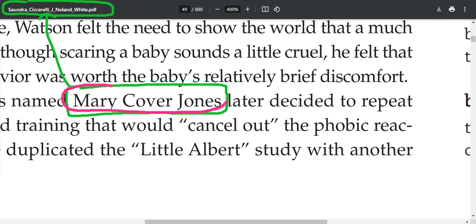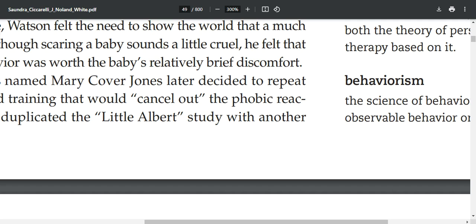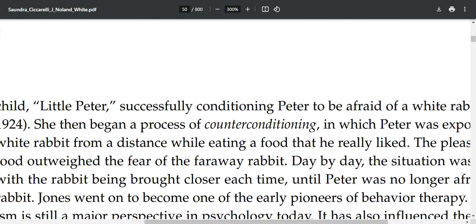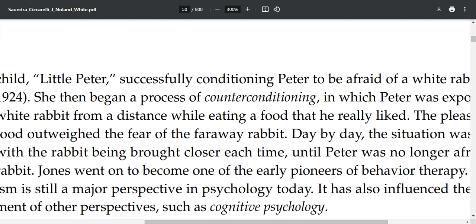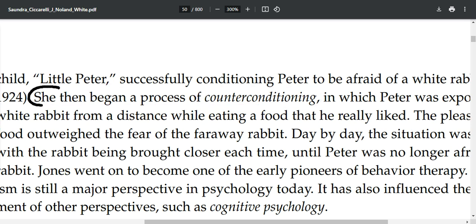You can see what Mary Cover Jones is doing, canceling out the phobic reaction. She then began a process of counter conditioning. It is mentioned in here. Little Peter was conditioned by this person to be afraid. Just go and read. She then began a process of counter conditioning.